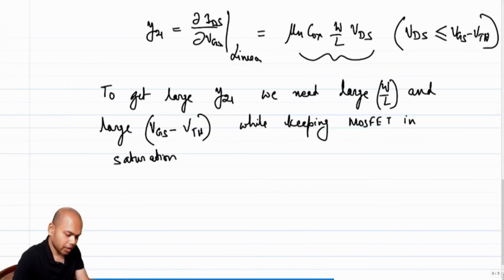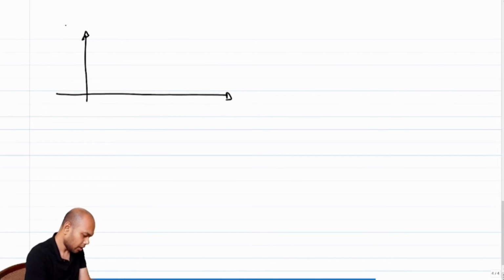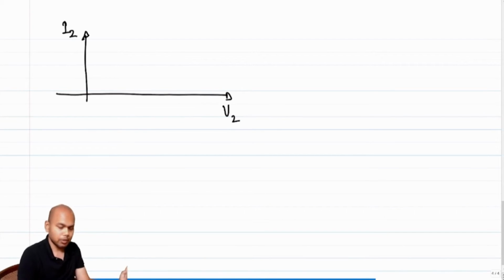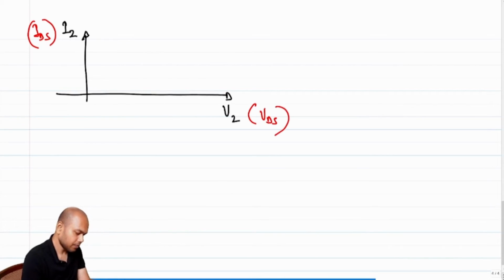We also need to figure out what is Y22. In order to figure out Y22, what should we sketch? You are right, we should sketch I2 versus V2 while keeping V1 constant. I2 is nothing but IDS, V2 is nothing but VDS, and V1 is nothing but VGS.